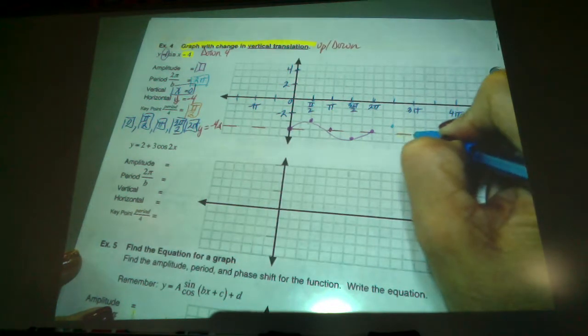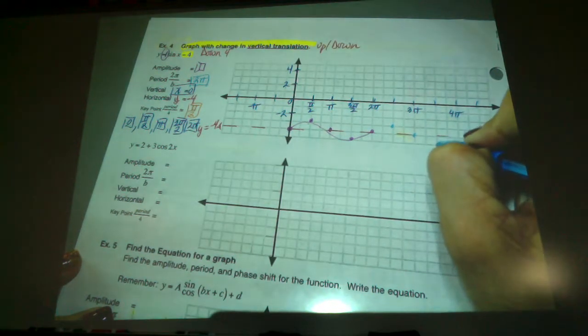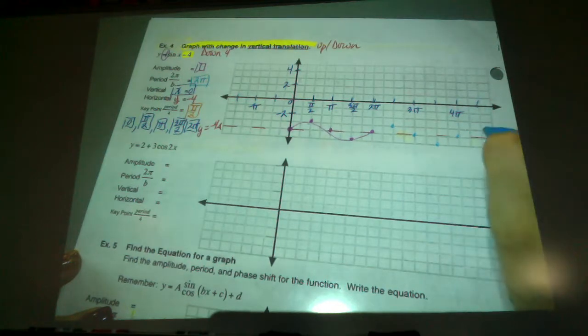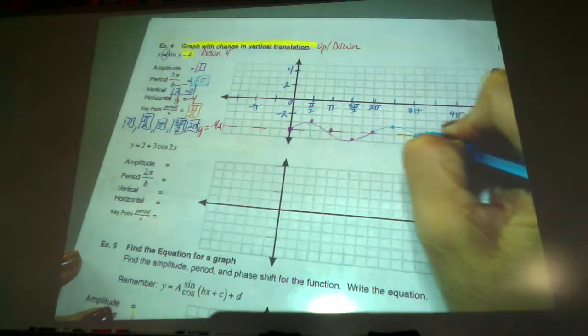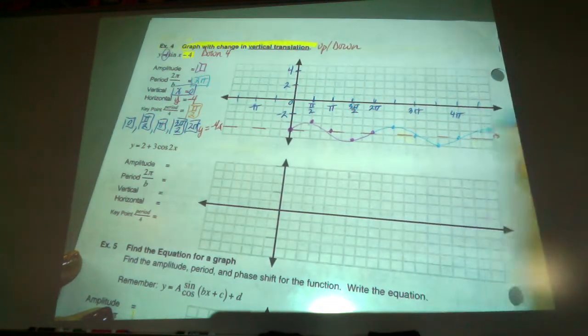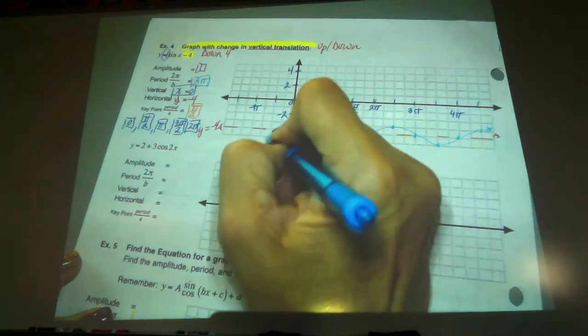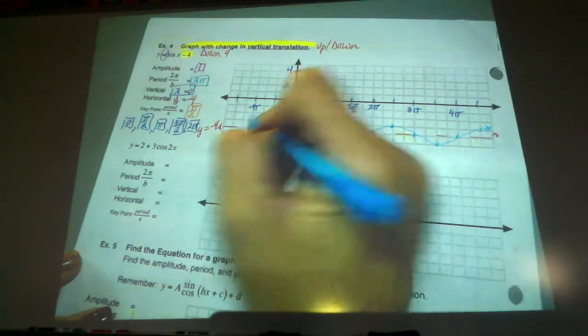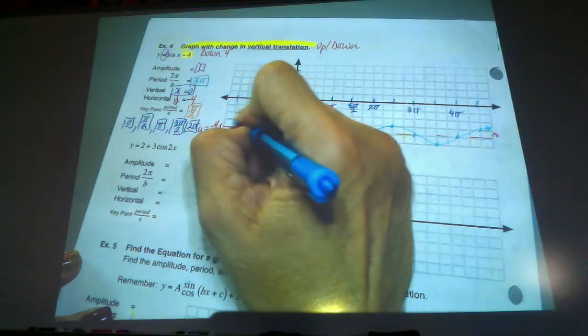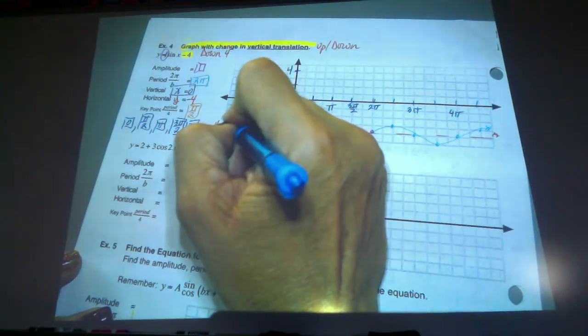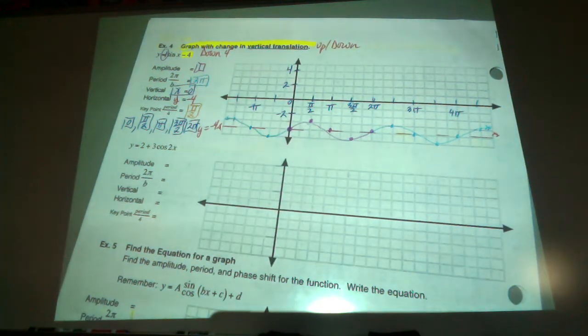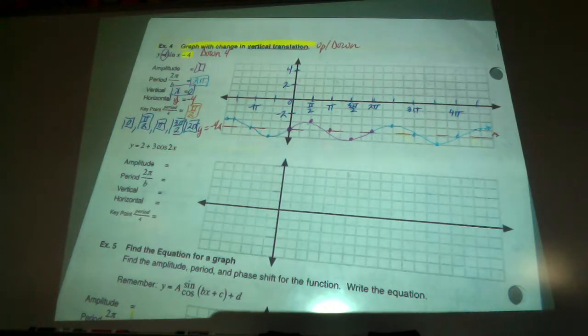So up, 0, down, 0, up. Down, 0, up. You okay with that? Just a little uncomfortable using a new 0 line.